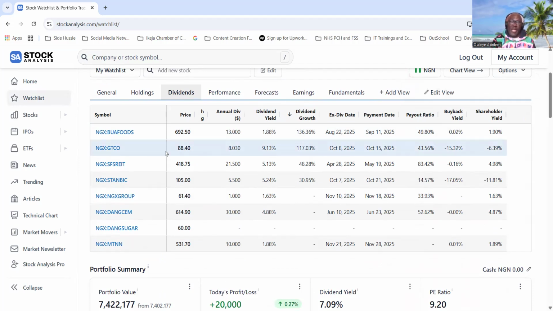So don't just buy one or two stocks, buy about five. But when you buy five different stocks, make sure they are in different sectors. There is no point buying Stanbic Bank, Access Bank, UBA, Zenith Bank, and Gitco.